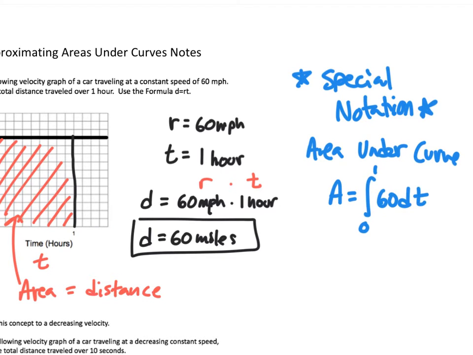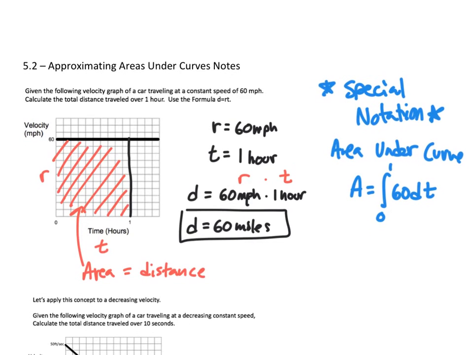And so this notation here, folks, is what we would use to show that we are calculating the area from 0 to 1 underneath the constant graph of 60. And that's all it is. The area under the curve can be represented by this integral.